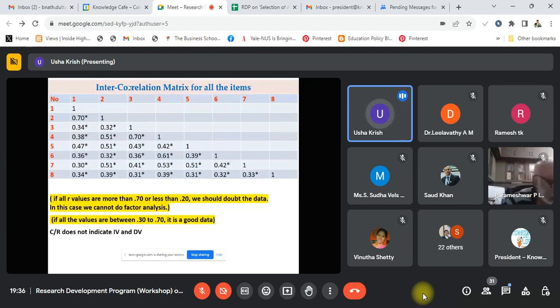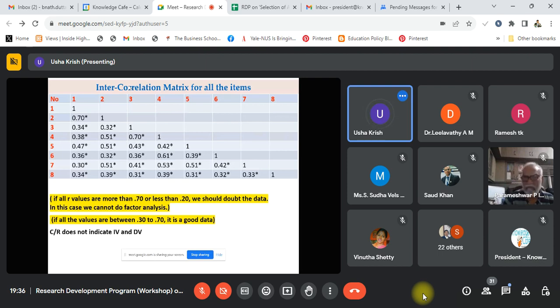As mentioned earlier, the first table to be prepared under EFA is the intercorrelation matrix. In this case, we should observe the pattern of R values.